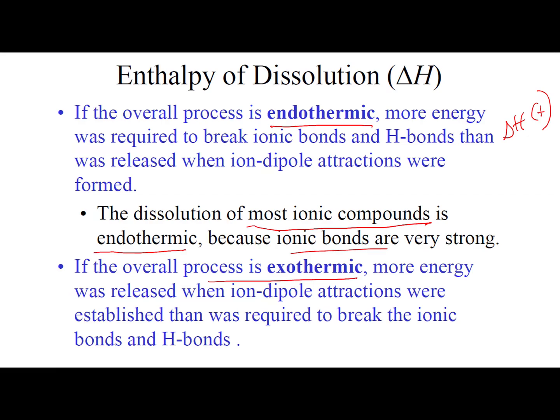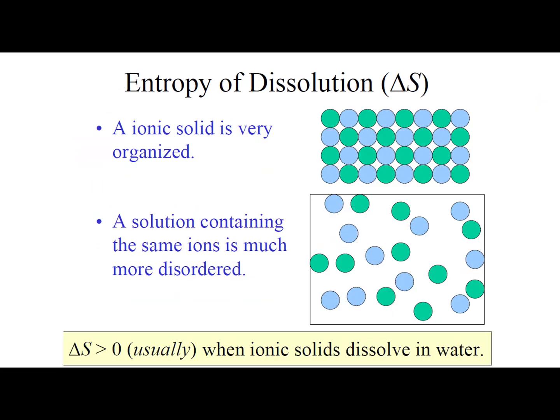If the overall process is exothermic, more energy is going to be released when the ion dipole interactions are established than was required to break the ionic bonds and the hydrogen bonds.